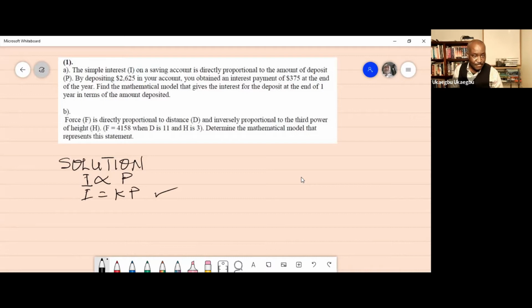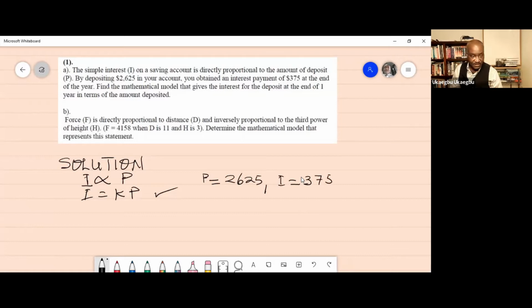It says that by depositing $2,625 in your account, you obtained an interest payment of $375. So the initial deposit P is equal to 2625, and the interest I is 375.